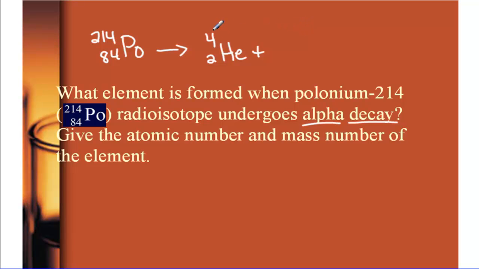It doesn't matter what order. So what plus 4 is going to give me 214? That's going to be 210. And what plus 2 is going to give me 84? That's going to be 82. So the element that has an atomic number of 82 is going to be lead. This is your product of an alpha decay of polonium-214.